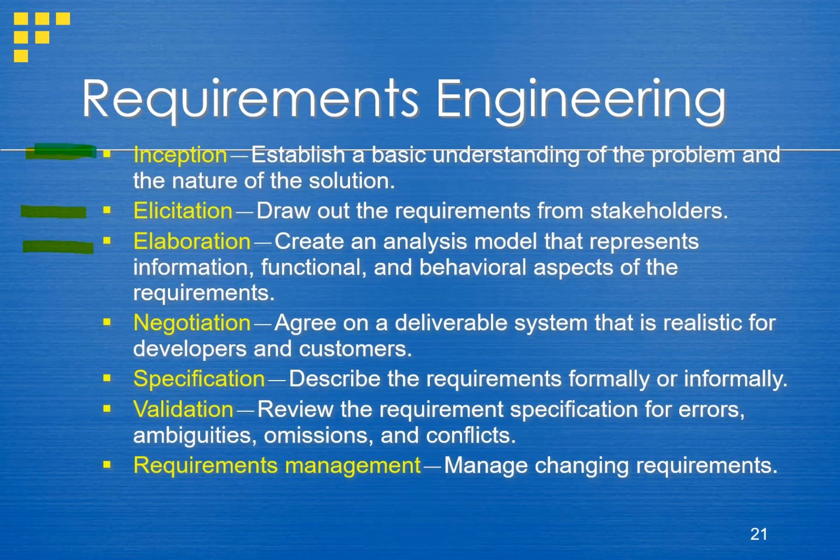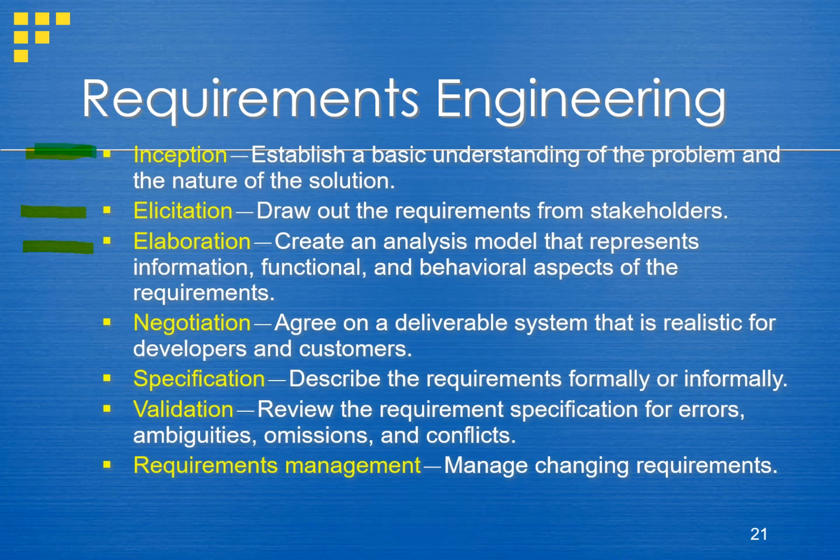So these three terms need to be clarified here: what is the information given into that system or problem statement, what are the functionalities or services offered by the system, and how that system is going to behave in different scenarios, that is behavioral. So these three terms need to be explained with respect to the system you want to develop, create or manufacture, and that is elaboration. So that detailing or specification is required here.